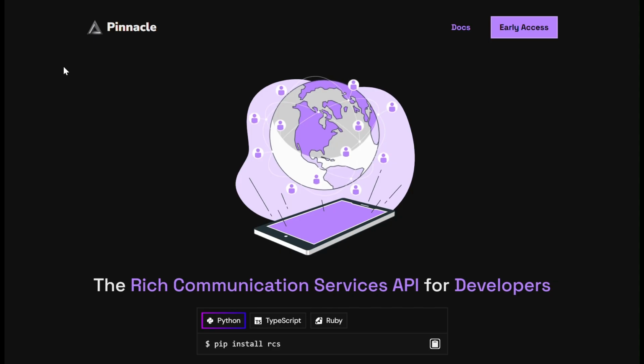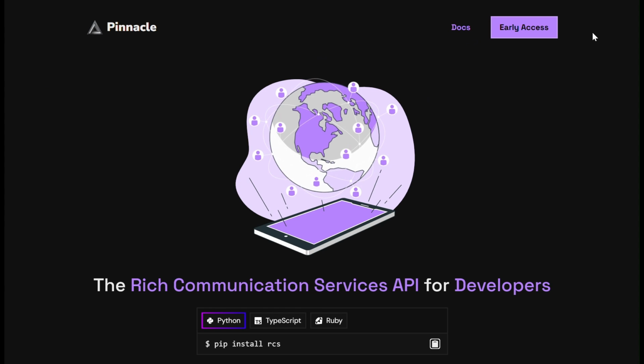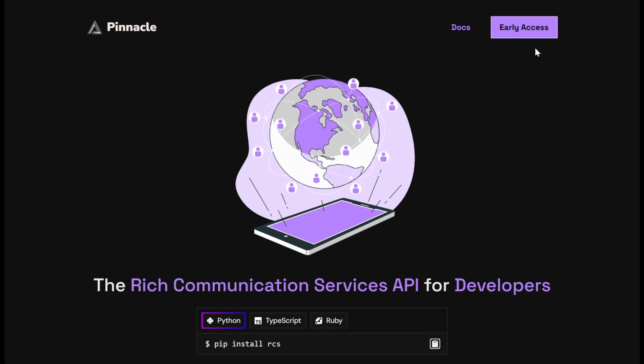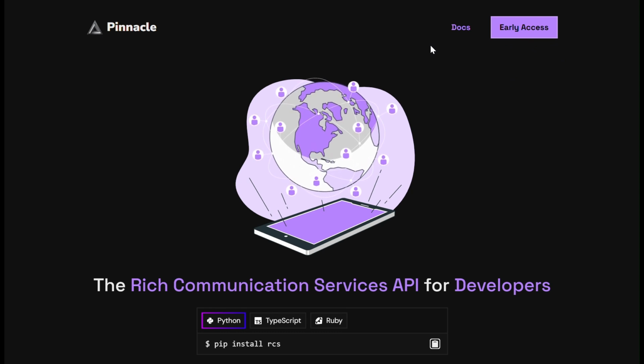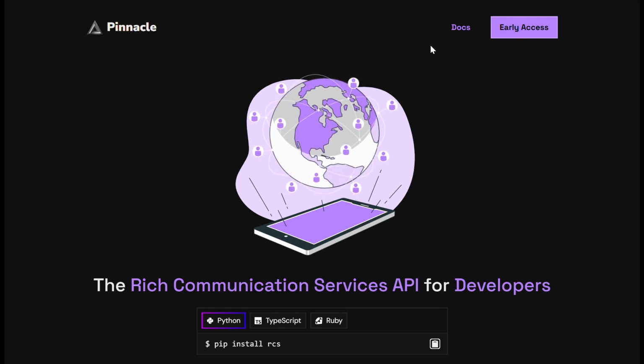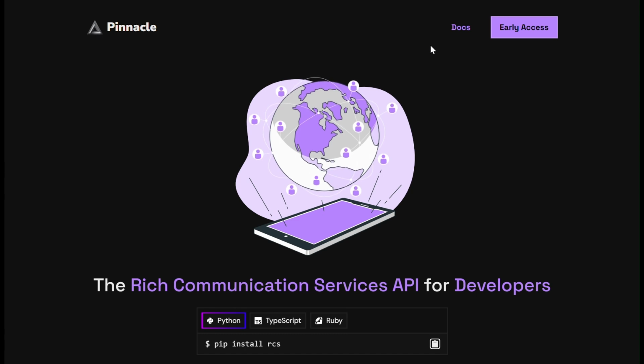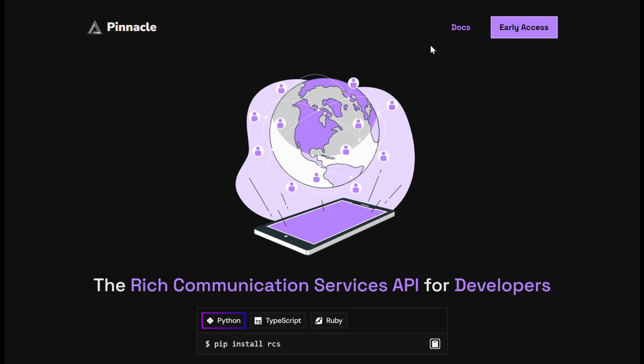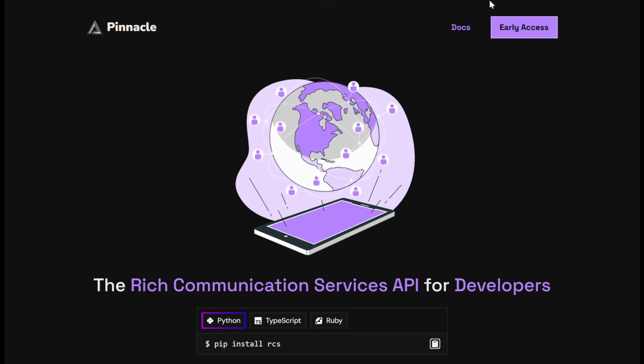So from there I moved to the CTA. The CTA button says early access. If I were a user and I saw this, and I'm not familiar with what early access means, then I wouldn't understand what it wants me to do. Early access what?